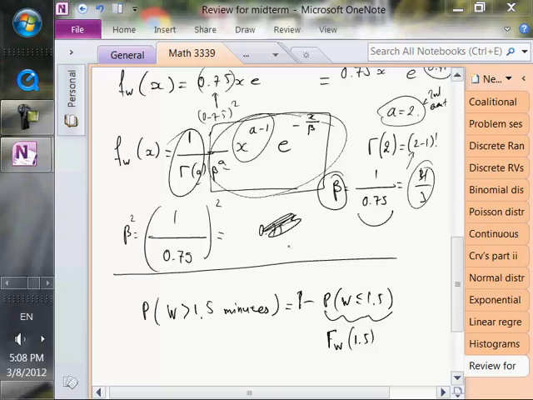Oh, you have, yeah. That's easy to integrate. Yes, this is an easy integration. You can do this integration.